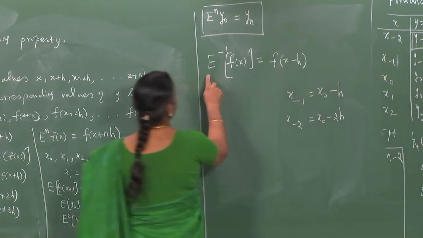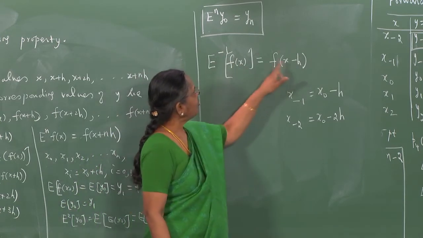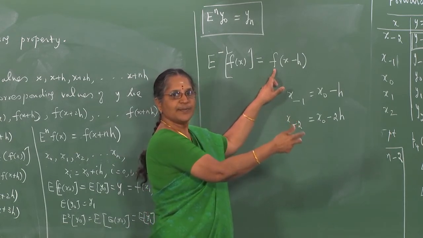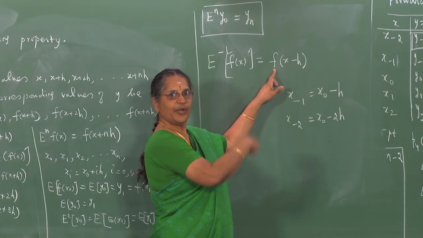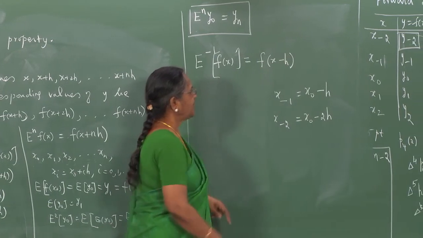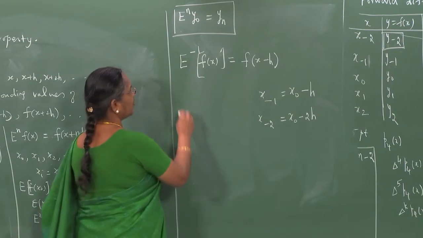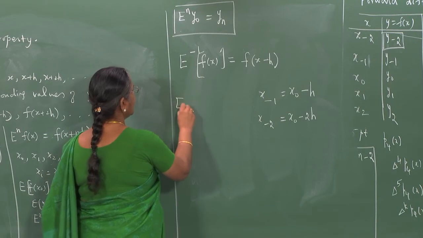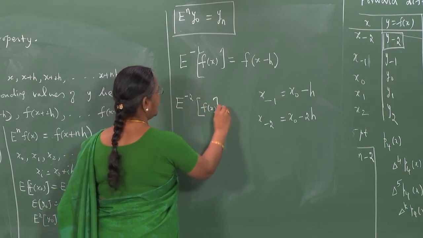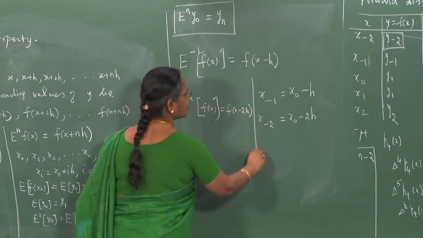So, E to the minus 1 on f of x will give you the value of the function at a point which is previous to x, namely x minus h. So, that is what we have denoted by x minus 1. What is E to the minus 2 on f of x? It is going to be f of x minus 2h.